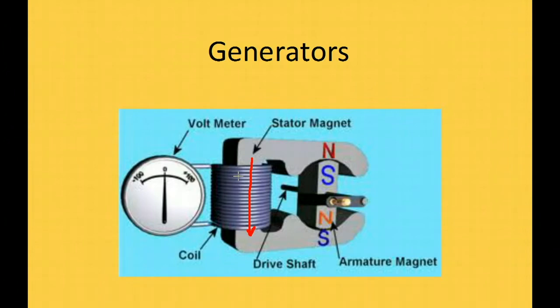And the stronger the magnetic field, the more current that is induced, and the more wires that are in that magnetic field, the more current is induced as well. So just remember, a magnetic field that cuts through a coil of wire will induce and cause current to flow.